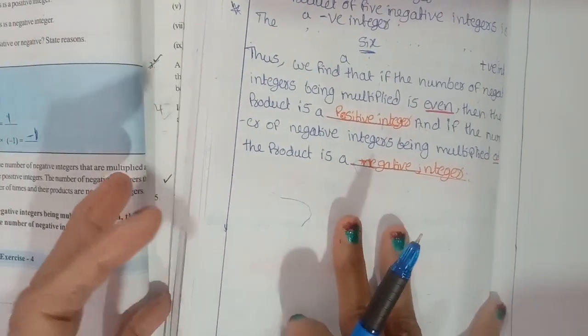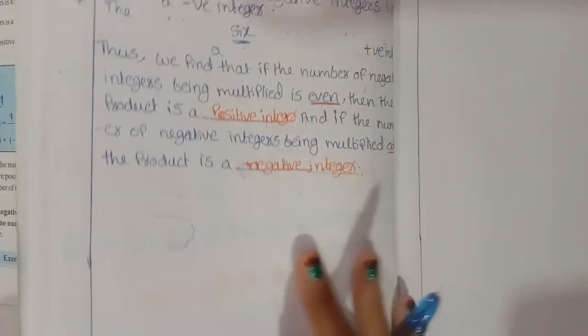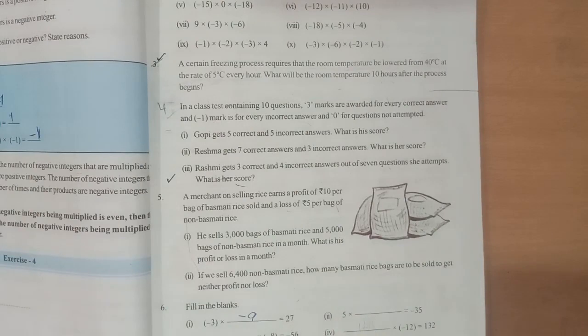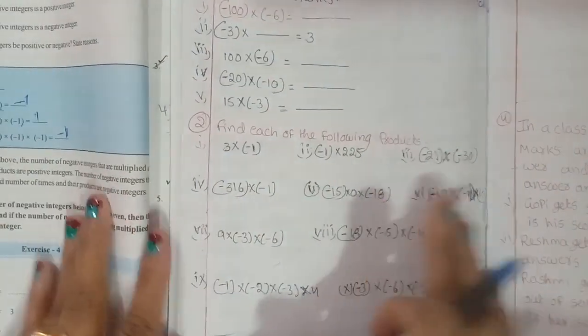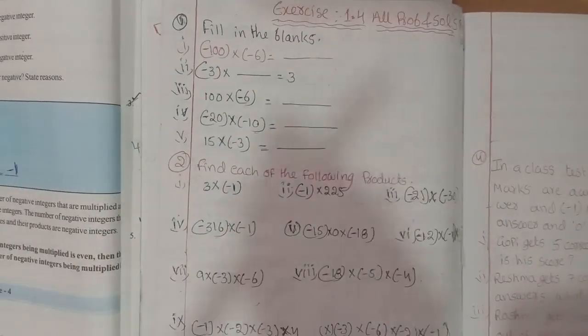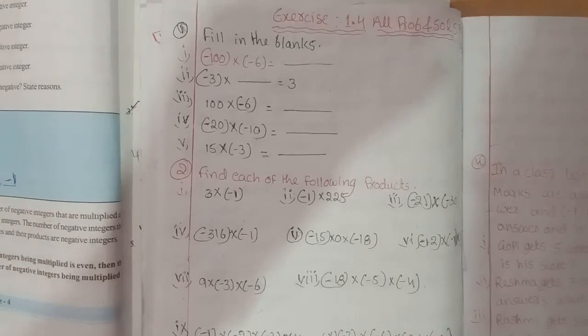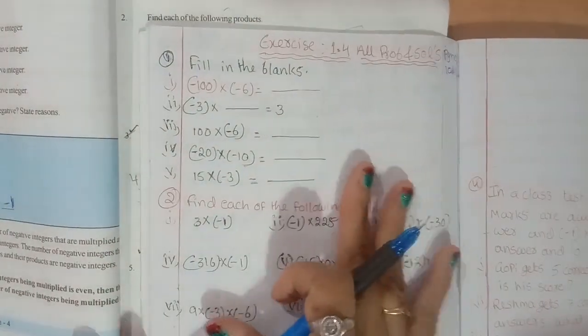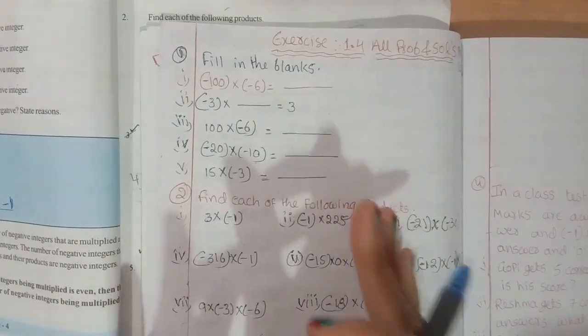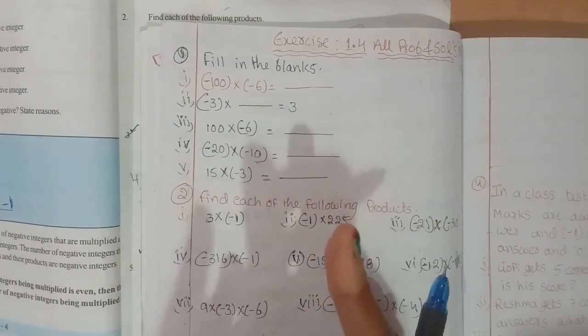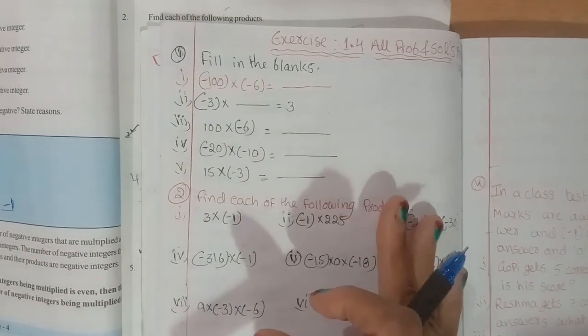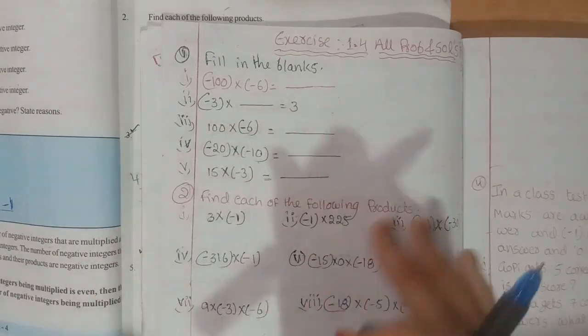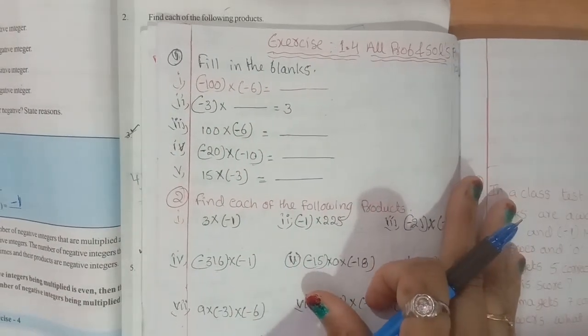Today we learn all the problems and solutions of exercise 1.4. Listen carefully one by one and tell me the answers neatly. Are you clear on addition, subtraction and multiplication? Let's start exercise 1.4.